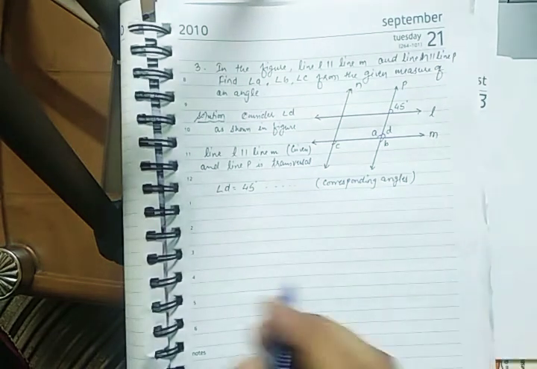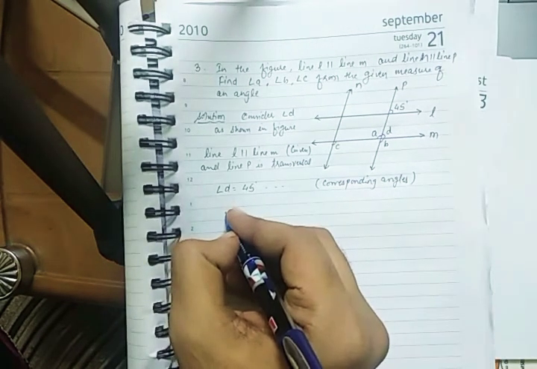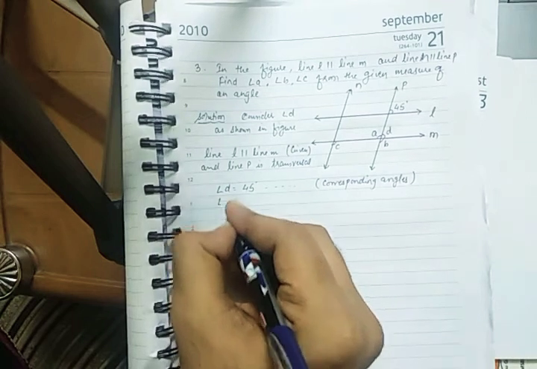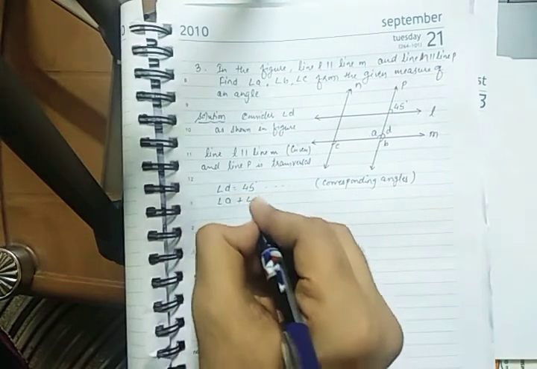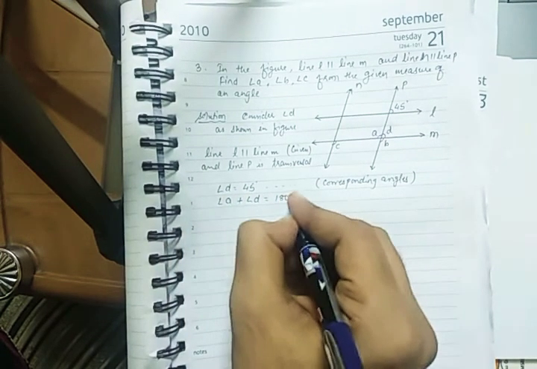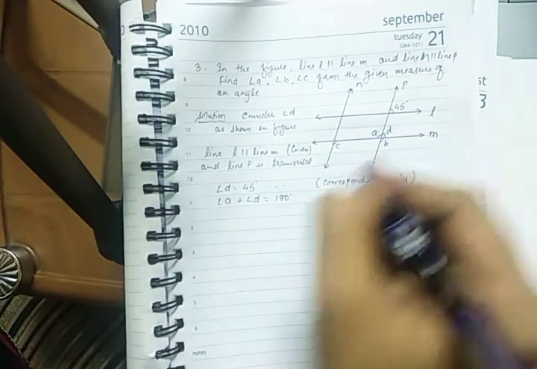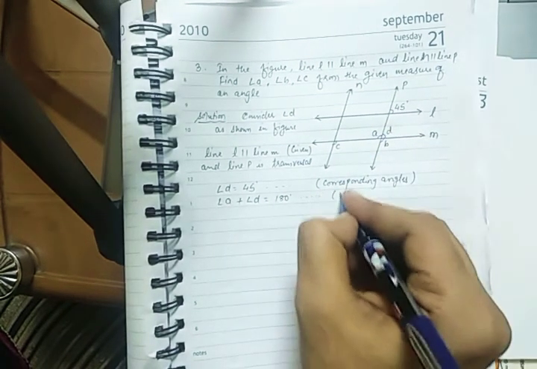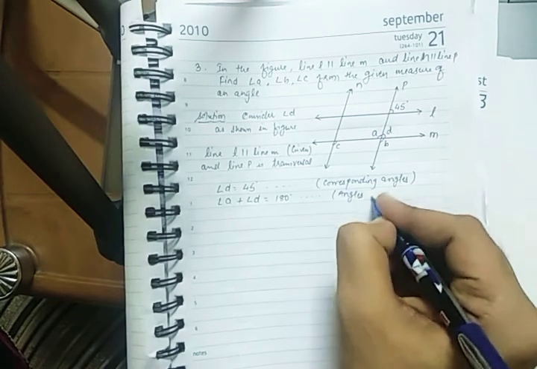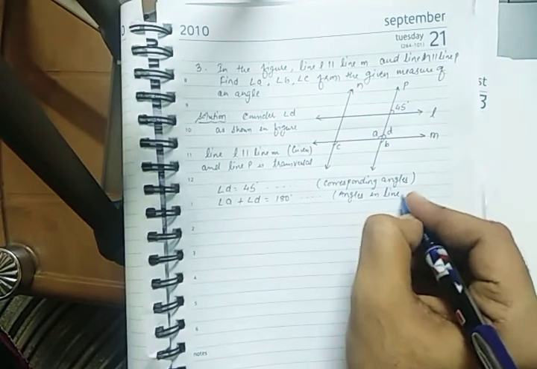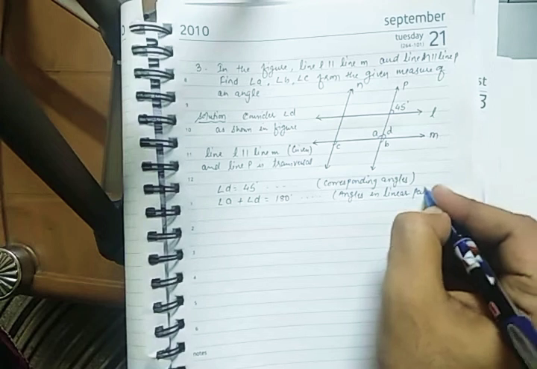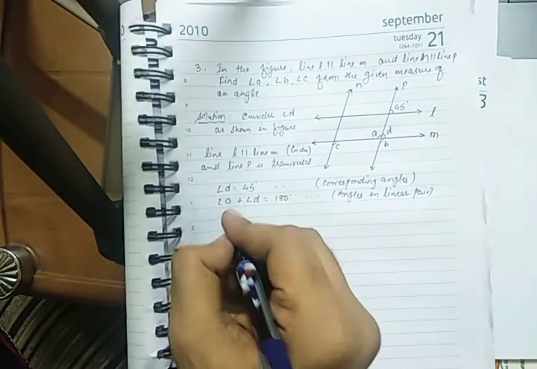Let's see how. Now we will write here angle A plus angle D is equal to 180 degrees. You can see A and D, they are linear pairs. So mention the reason here: angles in linear pair. D is already known.